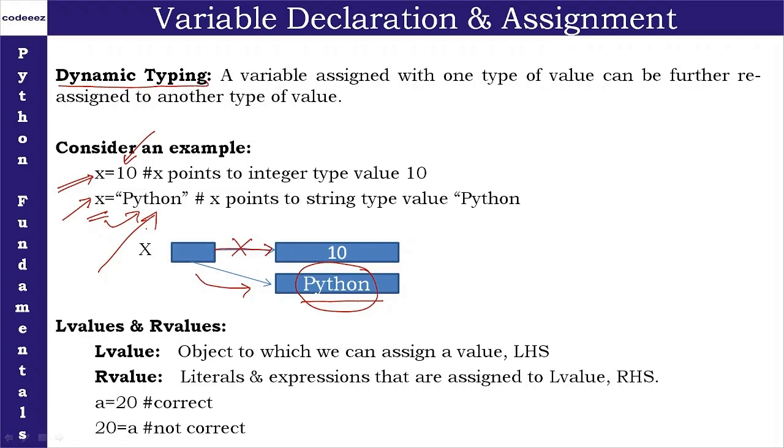This is possible only in Python. This is not possible in C, C++, Java and other programming languages, and this is what is known as dynamic typing.